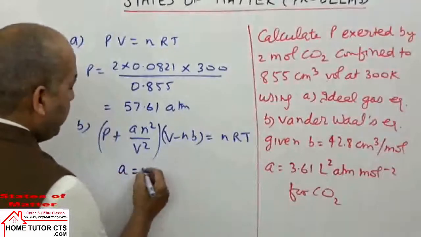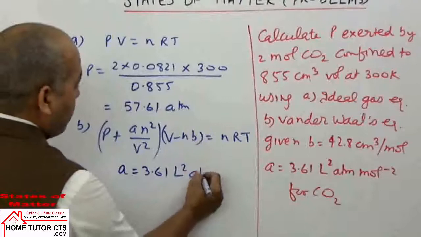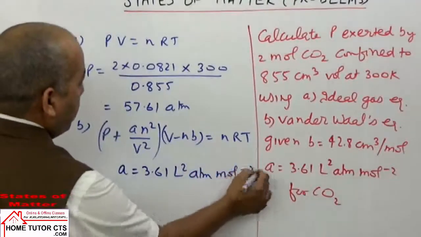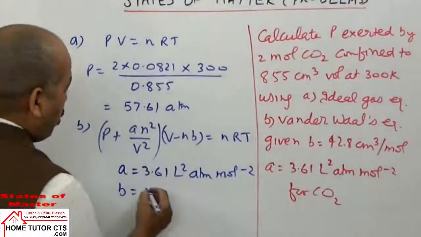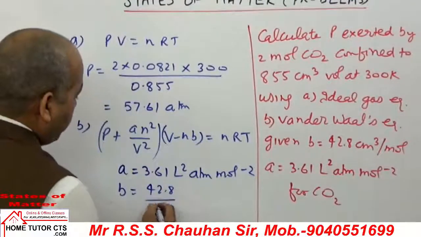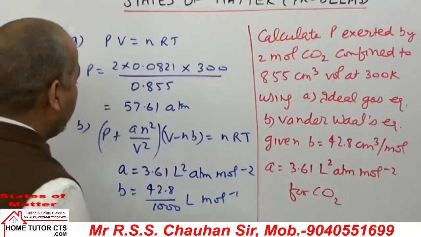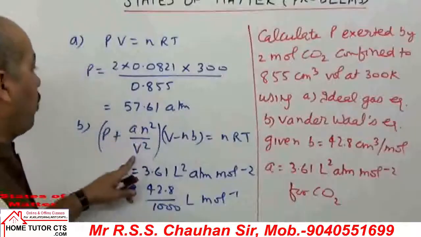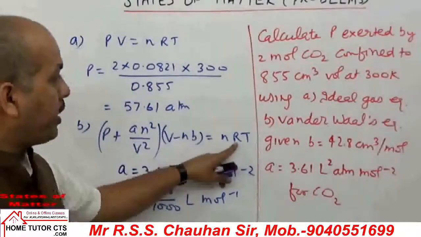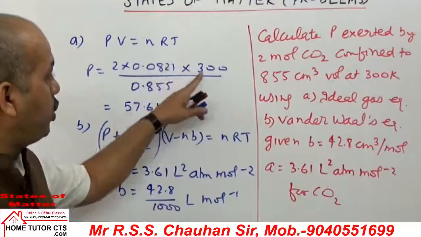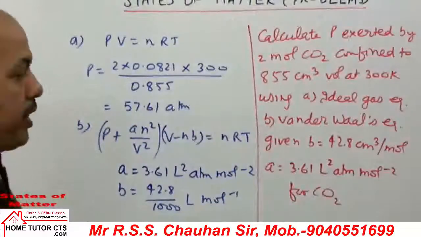इसमें a आपको दिया already 3.61 in same units, liter square atmosphere per mole square. Small b is given 42.8 cc. How to make liter? 42.8 by 1000 liter per mole. You can use this value of a and b. Volume is same 0.855 liters. And number of moles, gas constant same 0.0821, temperature in Kelvin scale, and then you can solve for the pressure calculation.